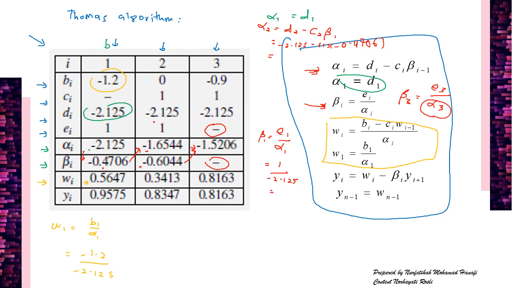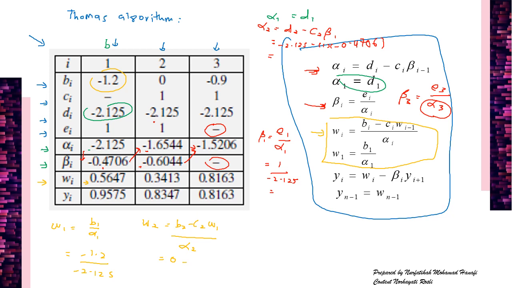For W, you can directly calculate i equal to 1 until 3. Then what is W2? We are going to use this formula: W2 is equal to B2 minus C2 W1 over alpha 2. So we just substitute everything. We have the value for B2, 0, minus C2.